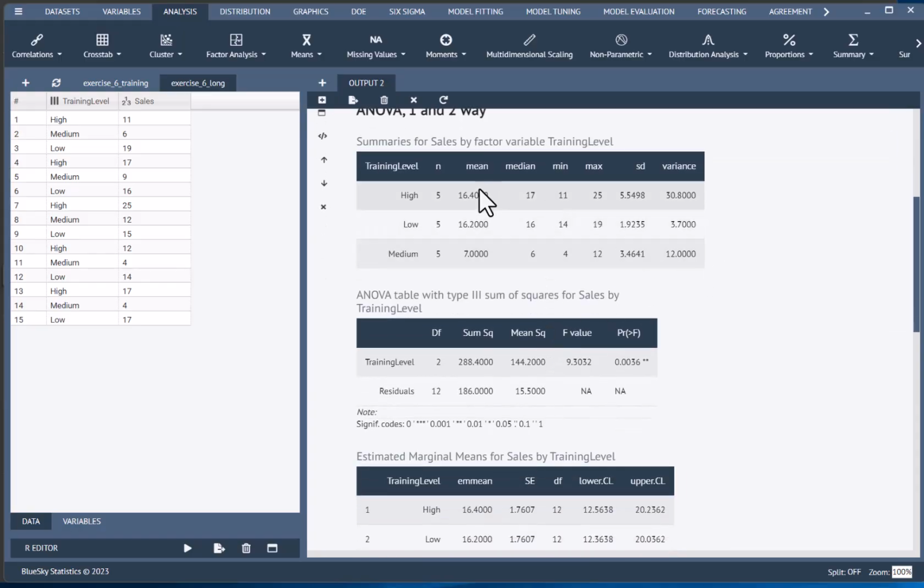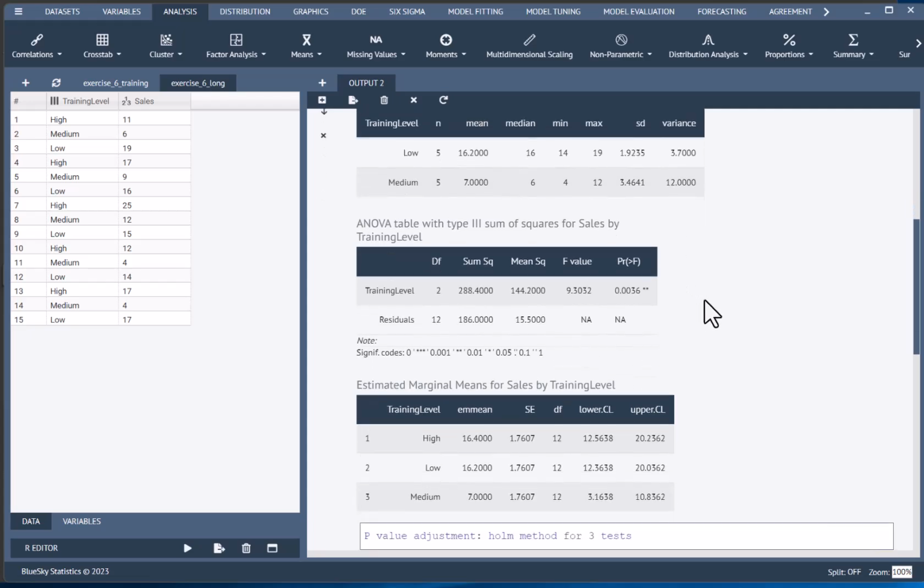And we can look at the median, min, max, standard deviation, other statistics. So we do an ANOVA table, and type 3 sum of squares is the default, and that's fine. And what we see is that there is a significant difference. So that p-value is less than 0.05, indicating some level of training is different from some other level of training.